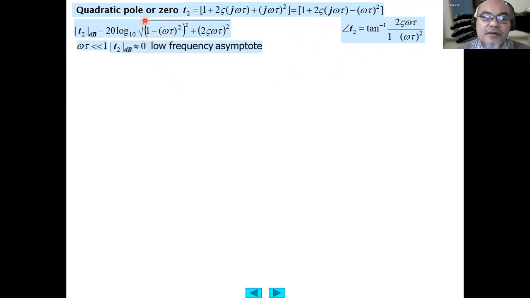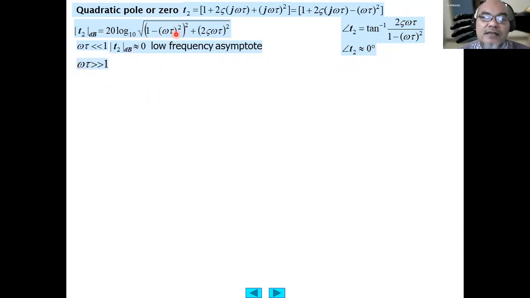The square root of 1 is 1, and log of 1 equals 0. So at omega tau much smaller than 1, the magnitude is approximately 0. This becomes the low frequency asymptote. The phase angle, on the other hand, is 0 over 1, so also 0 degrees. Arctangent of 0 is 0 degrees.